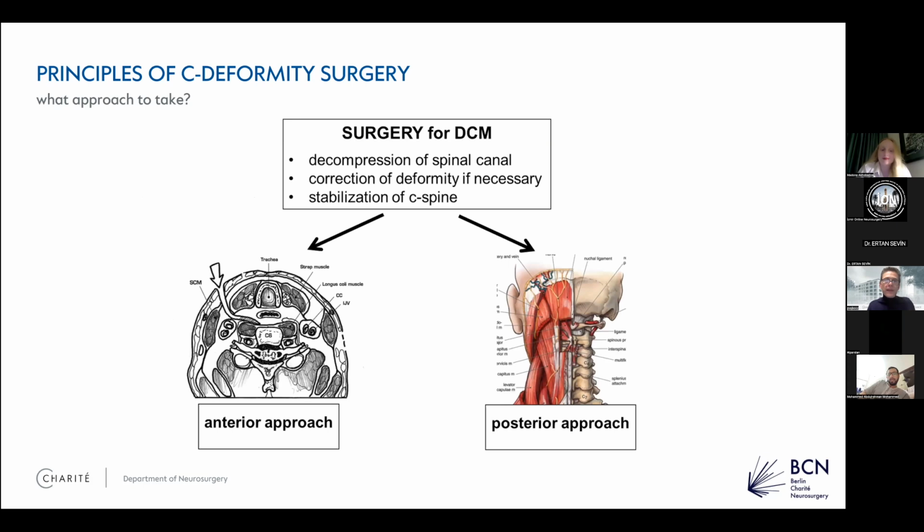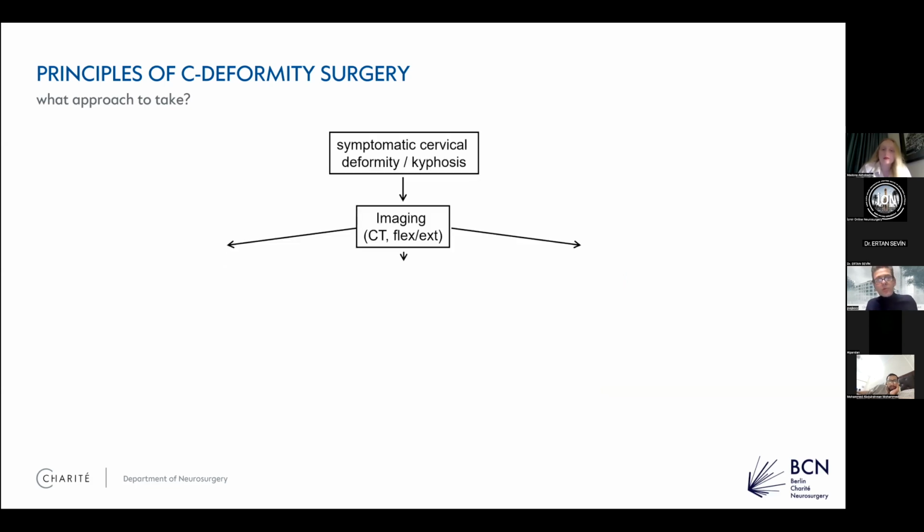They all have their complication profiles. But in fact, if you are correcting a cervical deformity, you have to do what you need to do in order to correct the cervical deformity. And now let's discuss when you have to go anterior, when you have to go posterior, and when you have to combine the two. So it really depends on the result of your imaging.